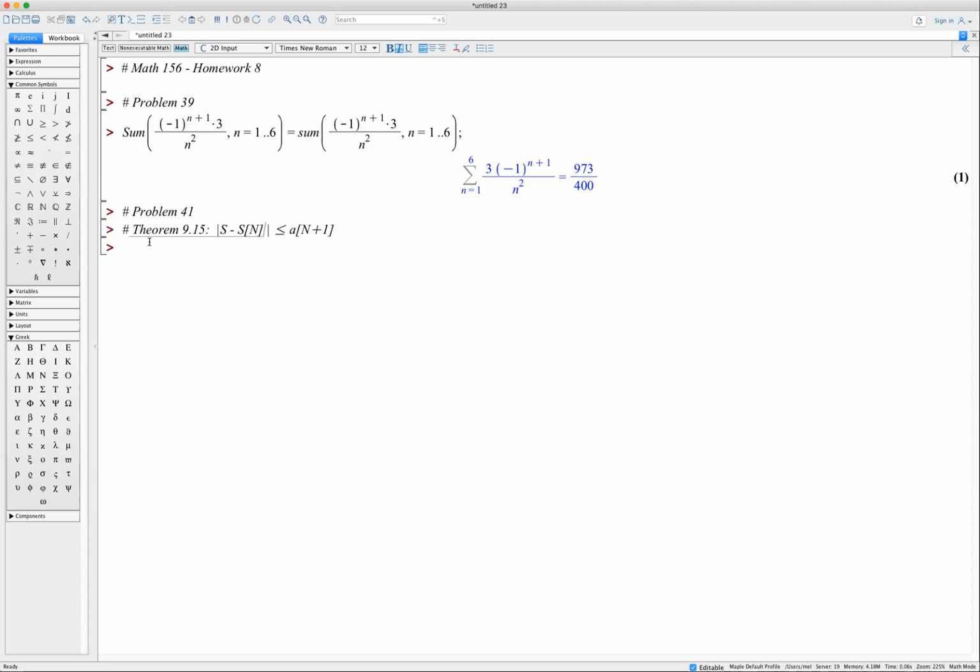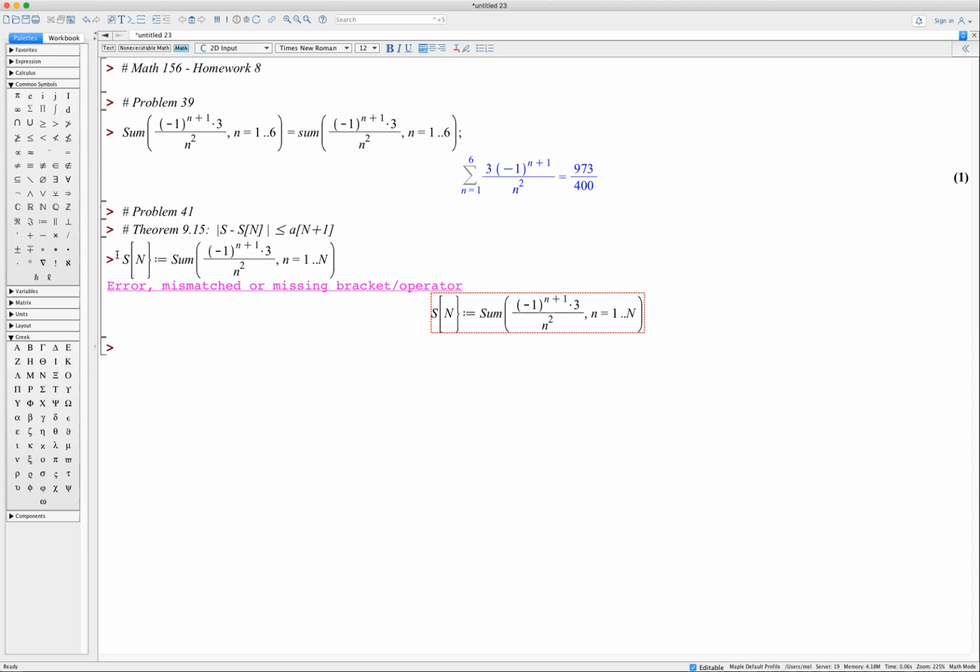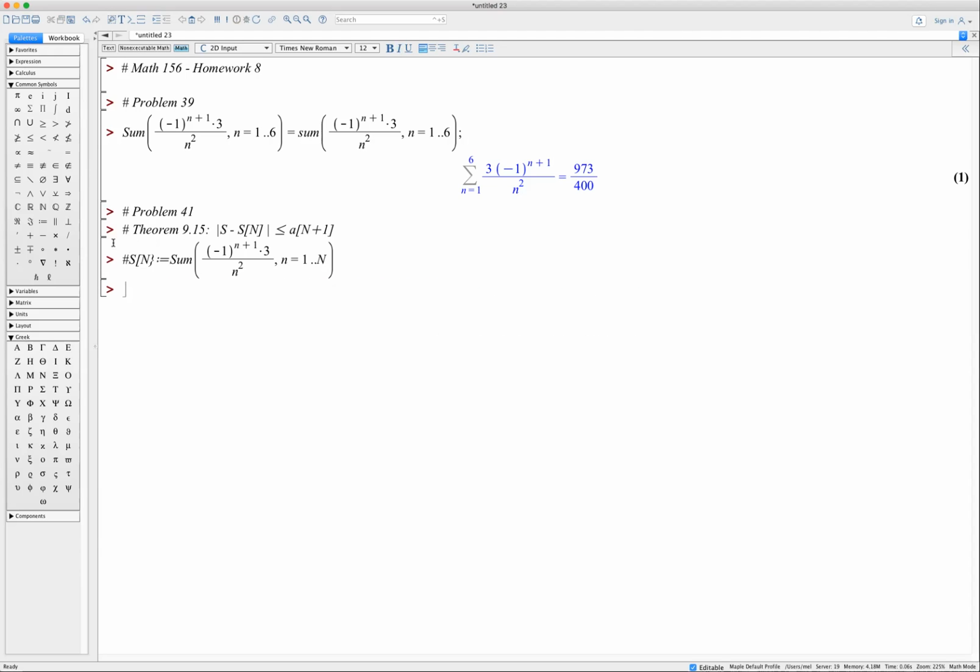So remember, the sum of the first n terms of the series is this sum from 1 up to capital N for whatever capital N. So this is how you write the first capital N terms of the series.